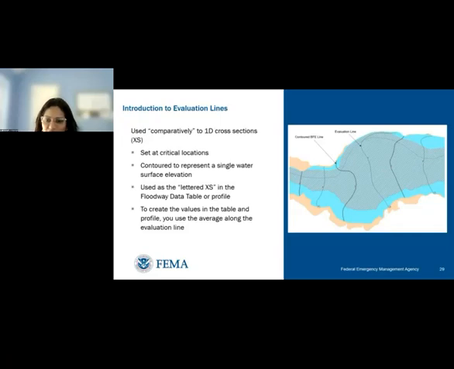Also please note that the FIRM will have both contoured BFE lines, as shown on this graphic on the right side, and evaluation lines when the floodway is created using 2D. So when you look at a FIRM and see BFEs that look like contour lines, you can get an idea that this area has a 2D model rather than a 1D model. So you can easily identify whether it is using 1D or 2D. If you see a wiggly BFE line, most probably it is 2D, 99%.